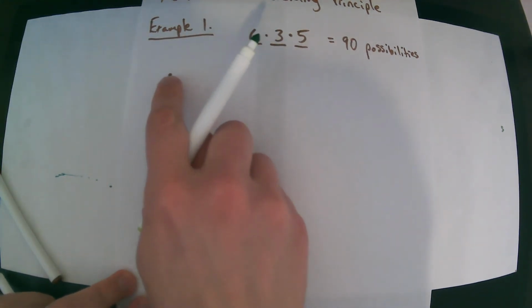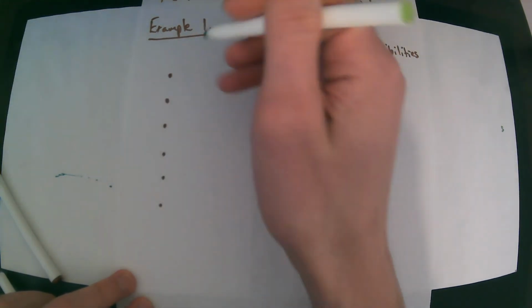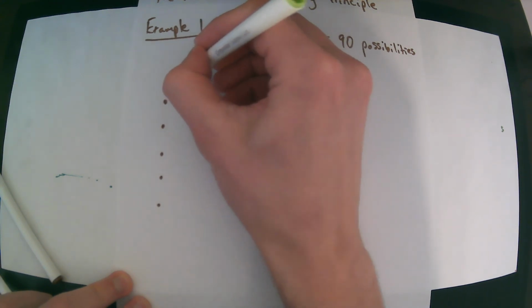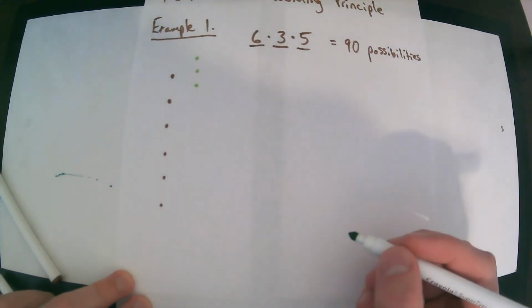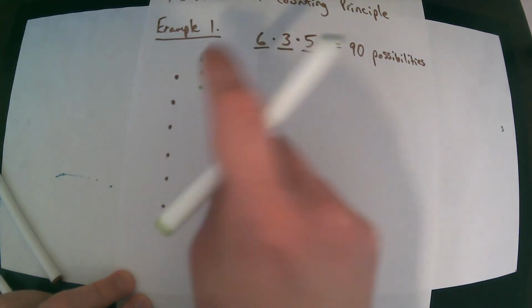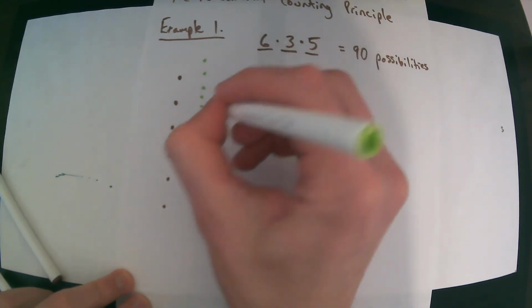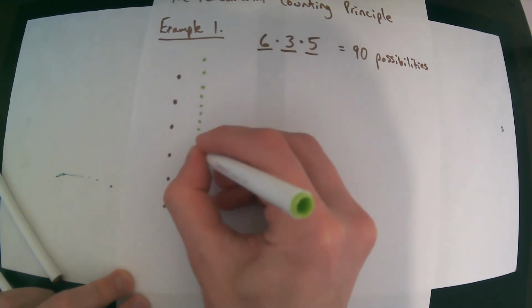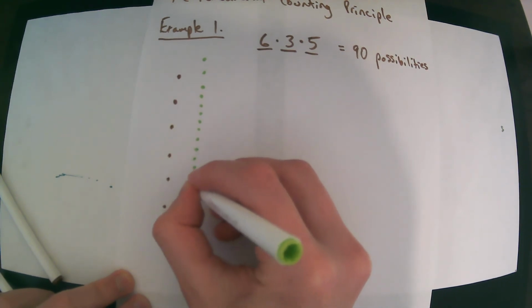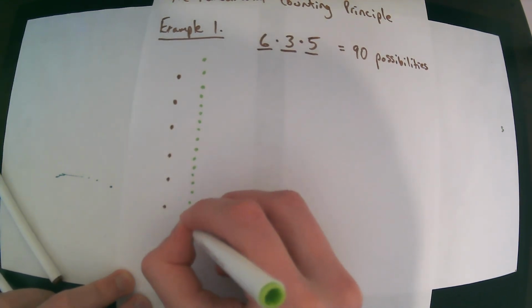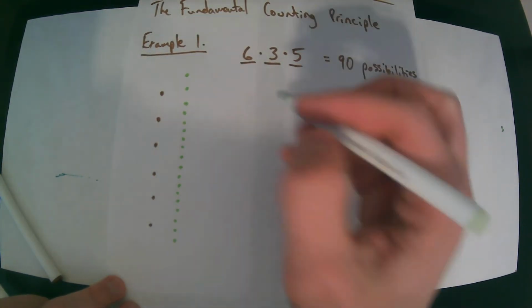So maybe it's meatloaf and then green beans, lima beans, or spinach. And there's going to be 3 for each one of these, right? So 1, 2, 3, 1, 2, 3, and so on.